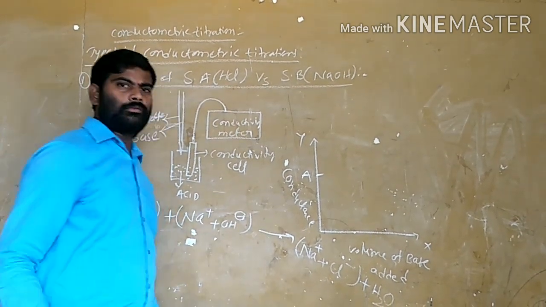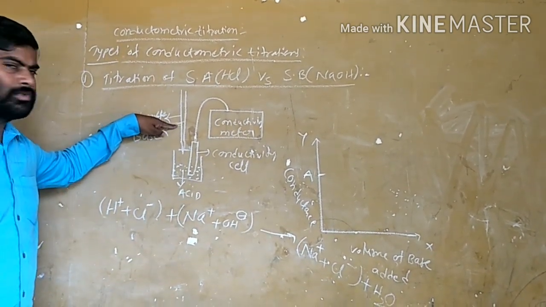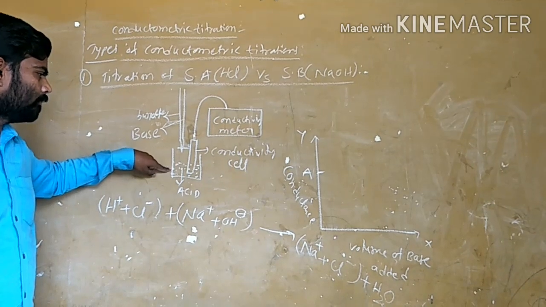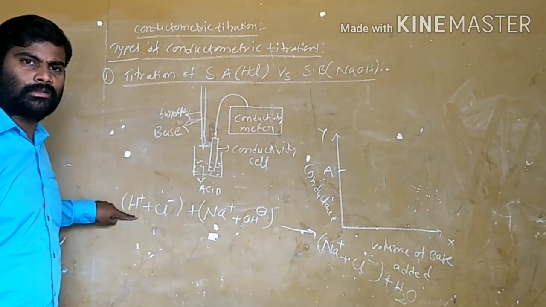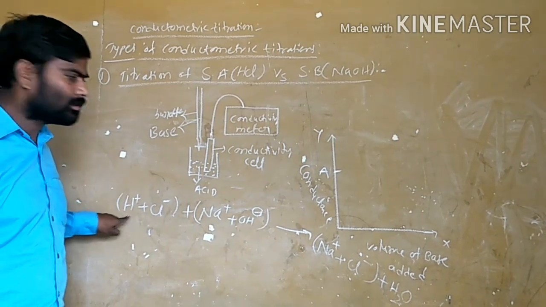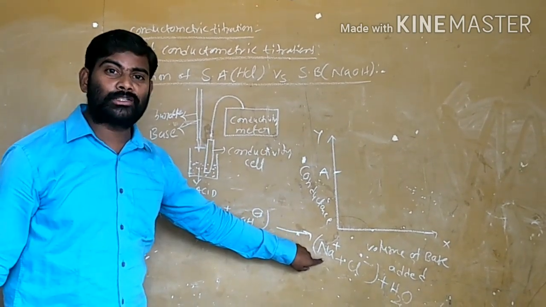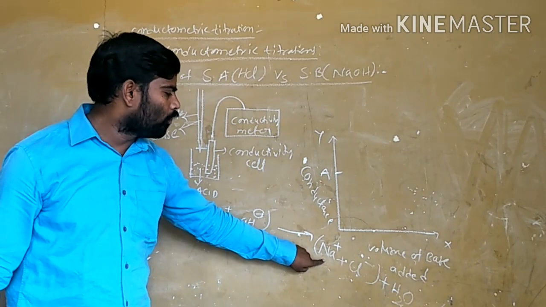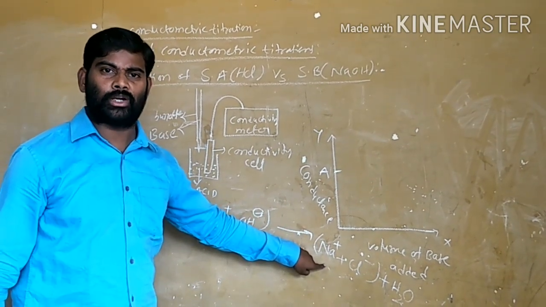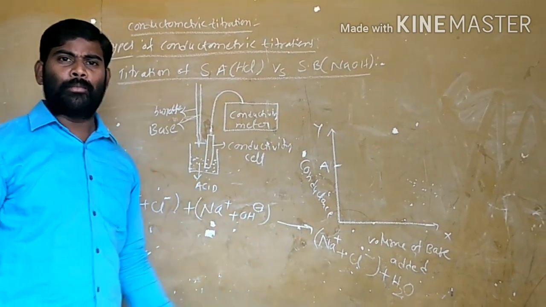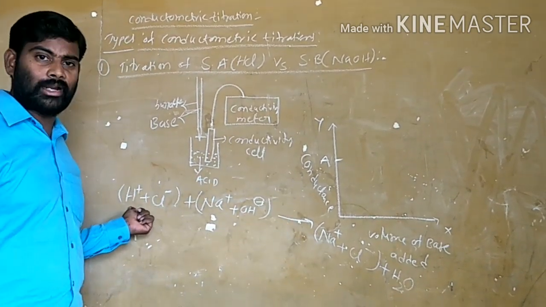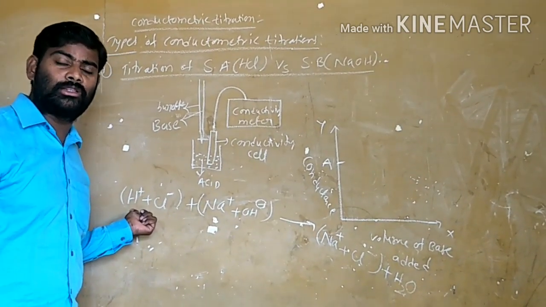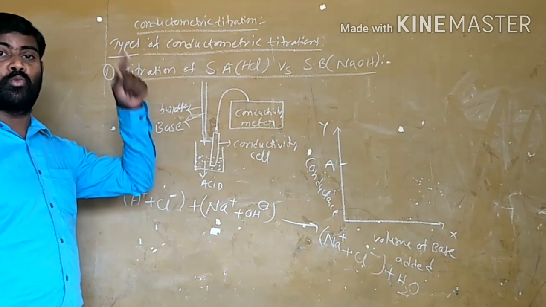What happened here? Whenever we add this strong base to the acid, the fast moving H plus ions are replaced by slowly moving Na plus ions. I have already told you that, comparing all the cations, the ionic mobility of H plus ions is more.